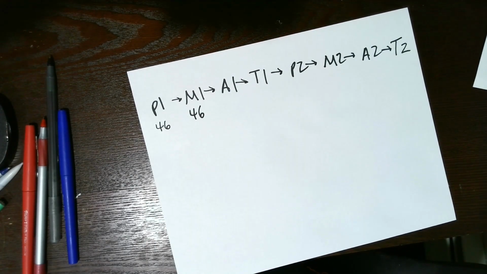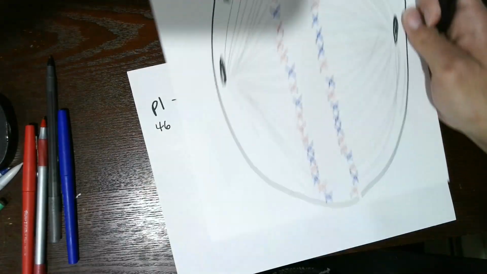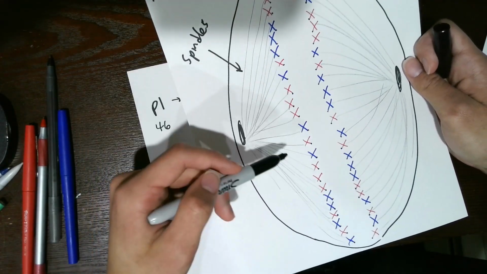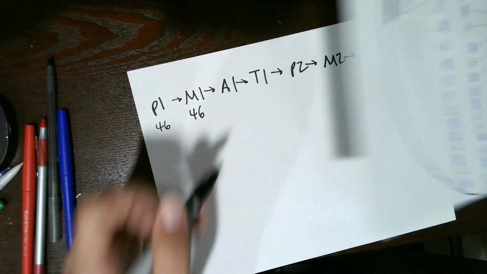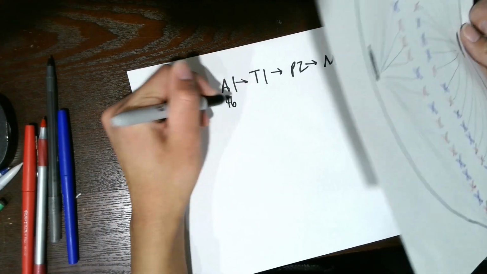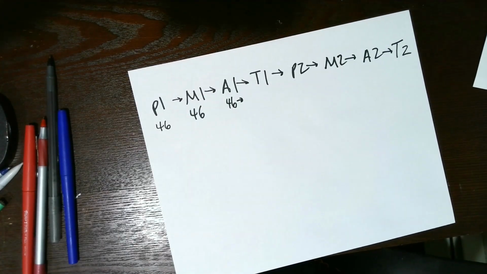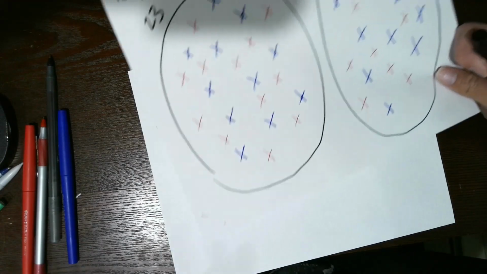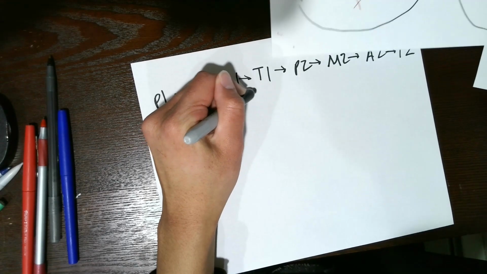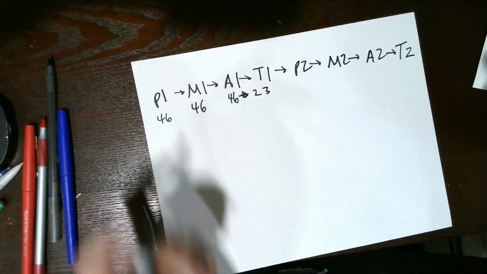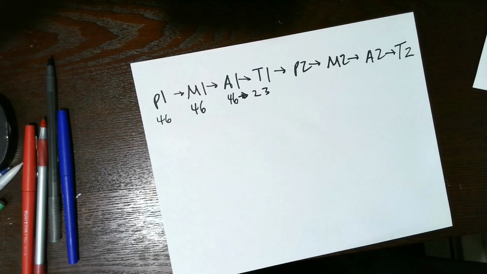Anaphase 1, if we look here, it's coming apart, but if we count them, we still have around 46, but it's splitting up. And then by the time we get to telophase, we have 23. Alright, so from anaphase 1 to telophase 1, that's when we're cutting the number in half.